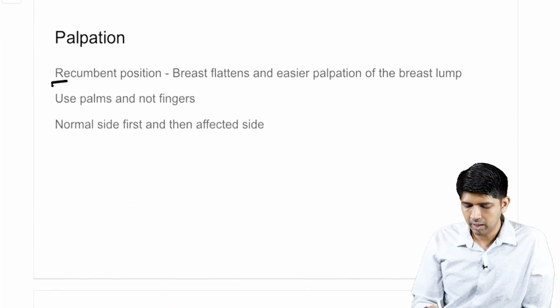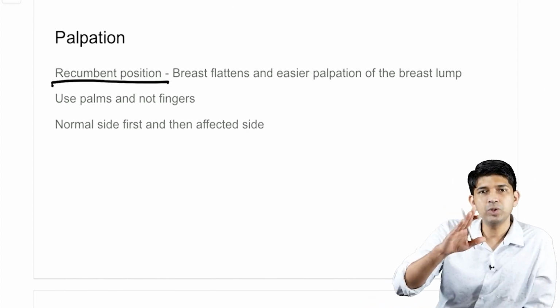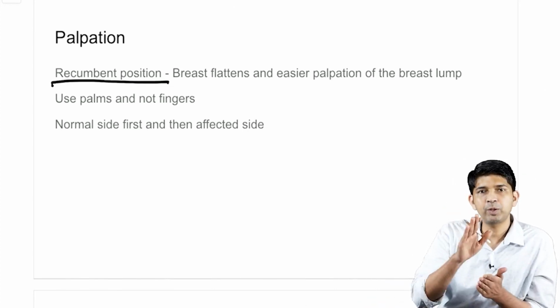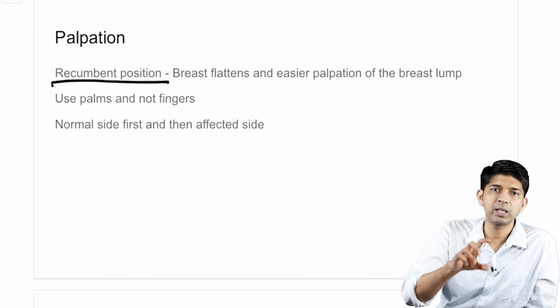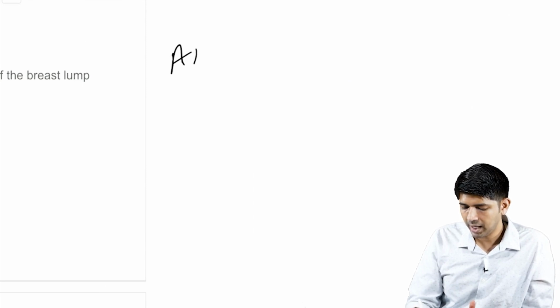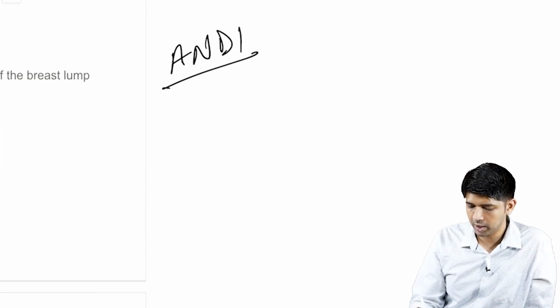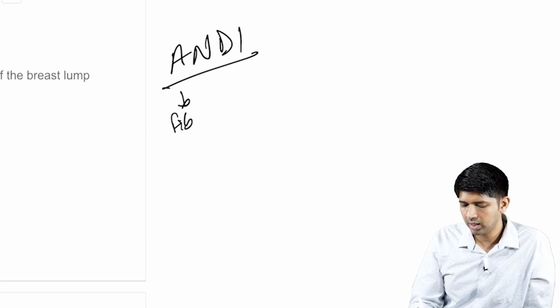And palpation, we already discussed why we are doing it in the recumbent position, because the breast flattens out. And use your palm or the palmar aspect of your fingers. Don't use your fingertips and try to grab on. The reason is, we all know about ANDI, which is an aberration of the normal development and involution, and one of the conditions under that is called fibrocystic disease.